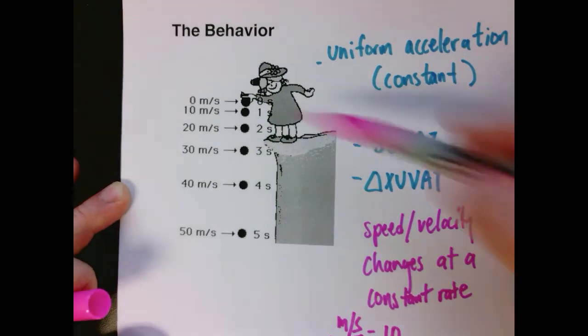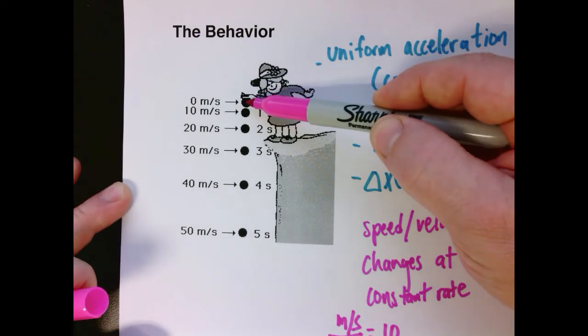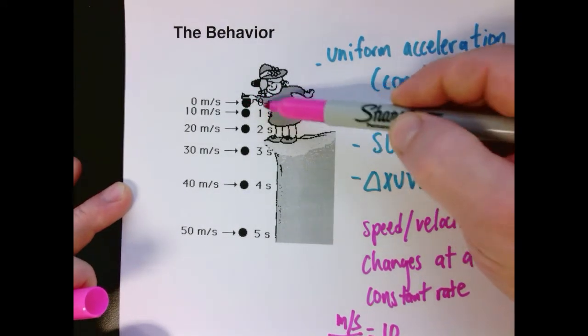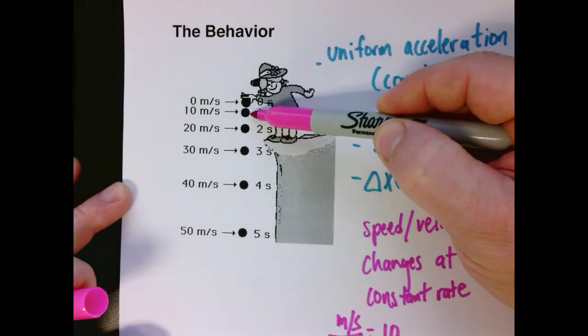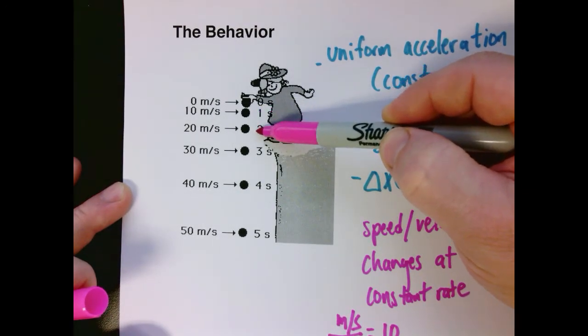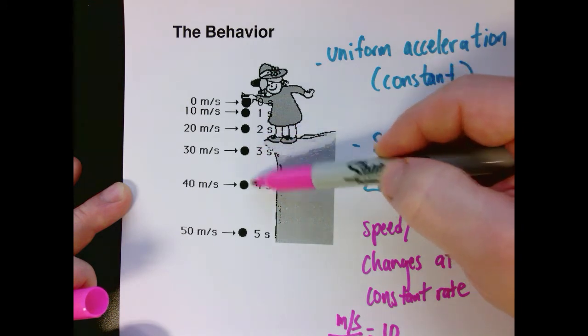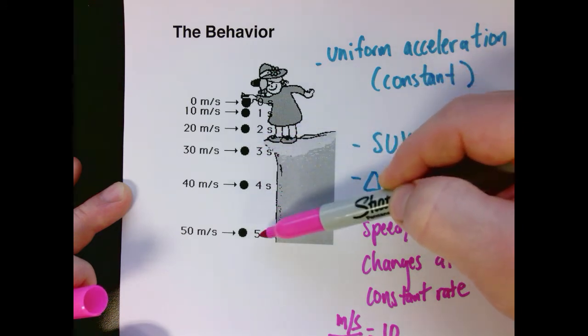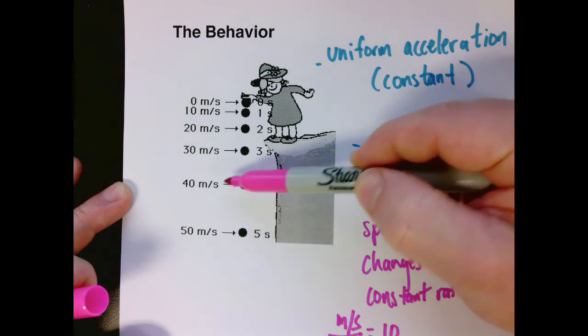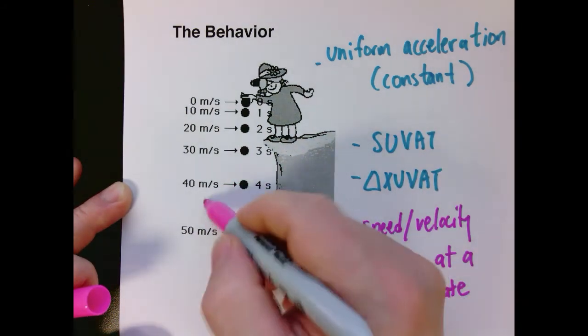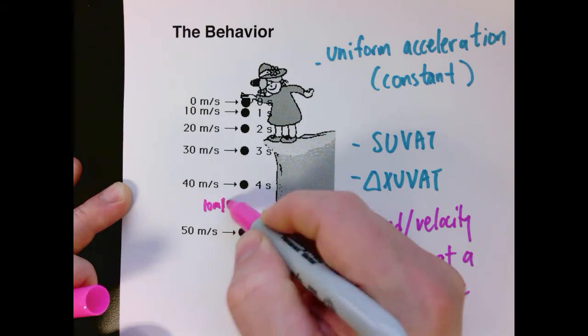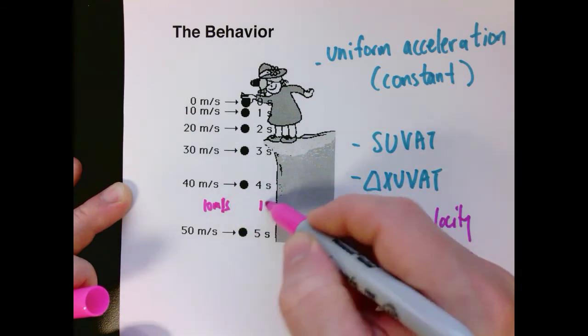So we can see here depicted this object is being dropped. Initially it has a velocity of 0, and after 1 second its speed is approximately 10, after 2 seconds 20, after 3 seconds 30, 4 seconds 40, 5 seconds 50, 6 seconds 60. The rate of increase is 10 meters per second every 1 second.